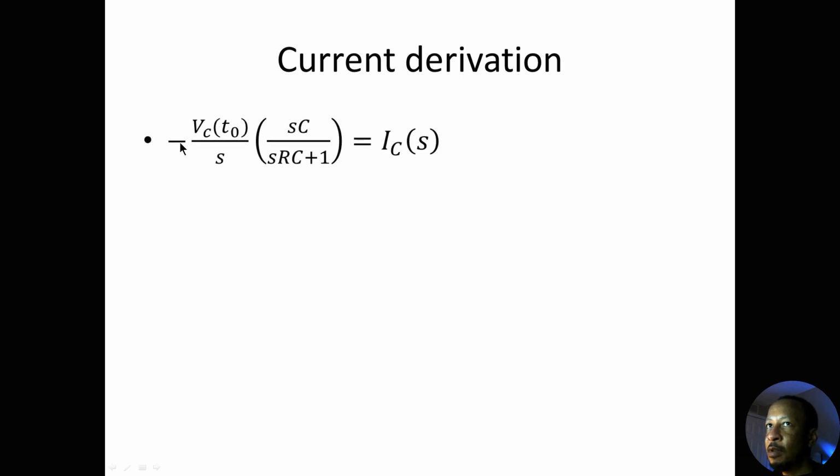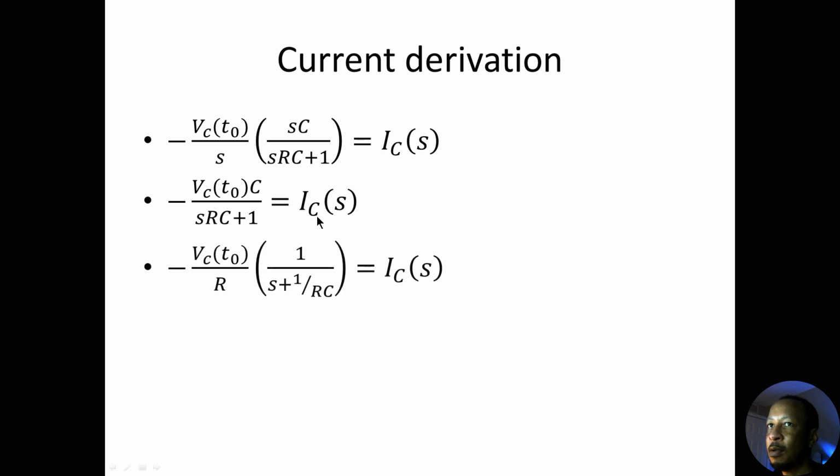So next I have negative VC of T sub 0 divided by S times SC divided by SRC plus 1 equals IC of S. And then I have negative VC of T sub 0 times C divided by SRC plus 1 equals IC of S. Putting this into standard form, I have negative VC of T sub 0 divided by R times 1 over S plus 1 over RC equals IC of S.